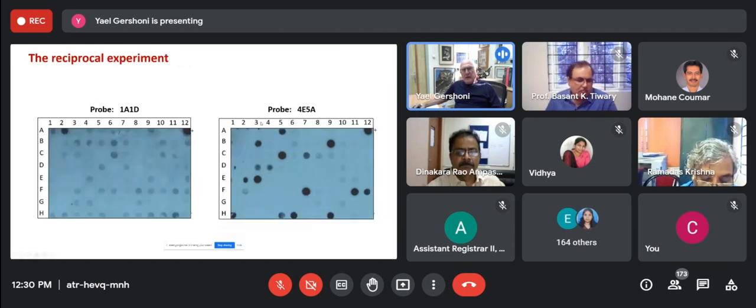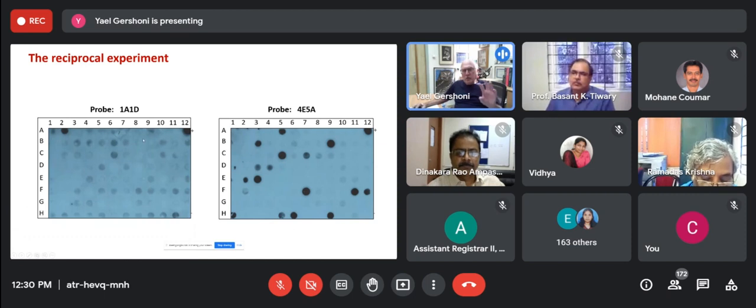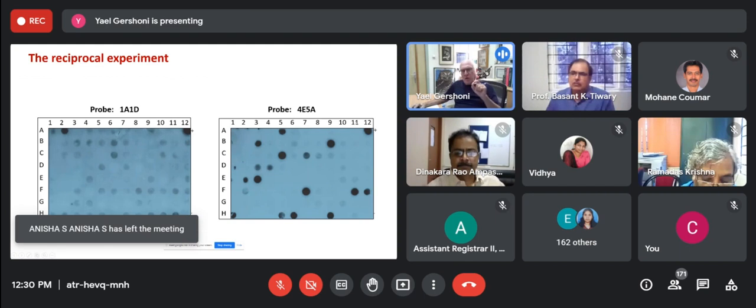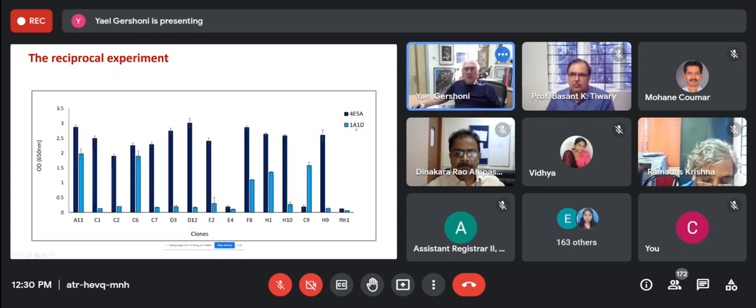So here, actually what Chen had done is she did a reciprocal experiment. She took all of the clones that were isolated with antibody, let's say 1A, and used them to screen for 4E, and vice versa. And she did this numerous times, constantly enriching for those select clones that actually bind and cross-react effectively with both of the antibodies.